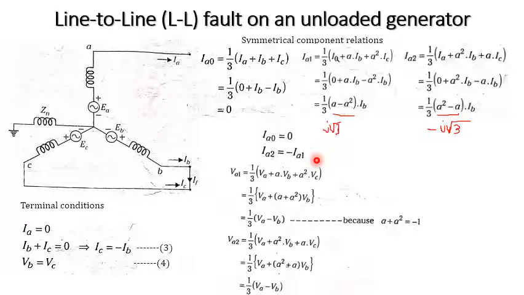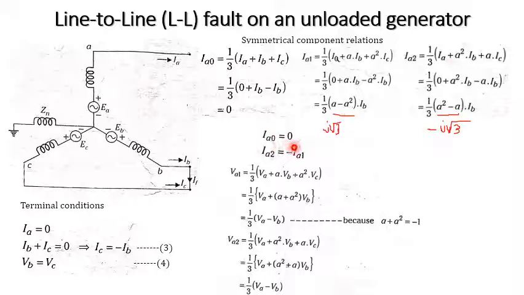It means that the zero sequence voltage will become 0, because Ia0 is 0. There is a presence of positive and negative sequence voltages, one positive and another negative. Based on this we can see the relation between these two, so there is no need to calculate the Va0 value.